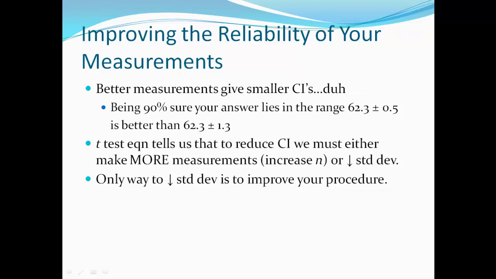The range is smaller, so you know that your value lies within a smaller interval. It's better. So the t-test equation tells us that to reduce the confidence interval, we must either make more measurements, which is probably the easiest, or decrease your standard deviation. The only way to decrease your standard deviation is to improve your procedure, which sometimes can be really difficult. Another way is just to make more measurements.